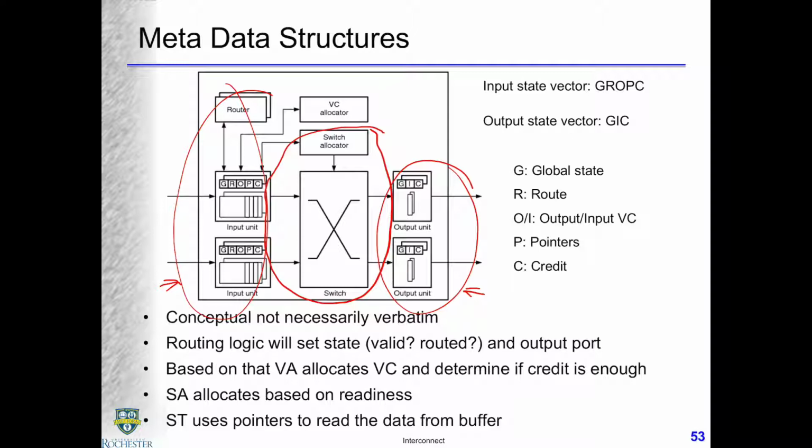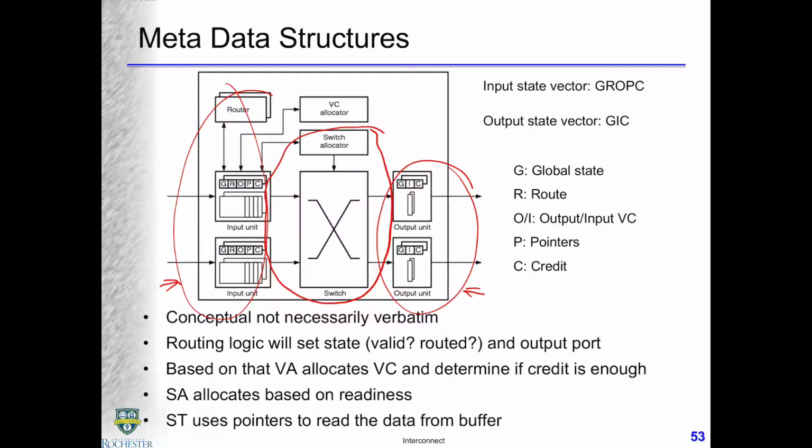The only thing that ties everything together is the switch allocator, because there is only one switch, or crossbar, if you wish. Again, crossbar is not necessarily the only thing that you use, but it's usually implemented as a real crossbar. So multiple channels are connected to the switch, and they're all then connected to the output units.